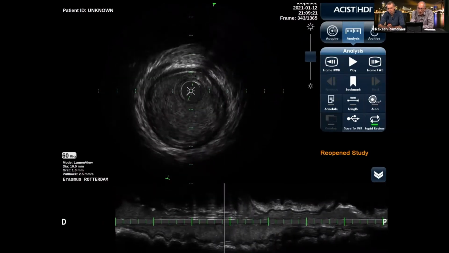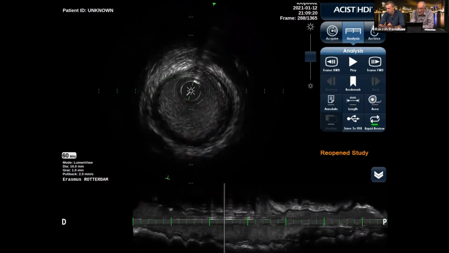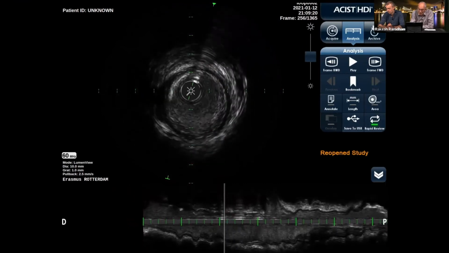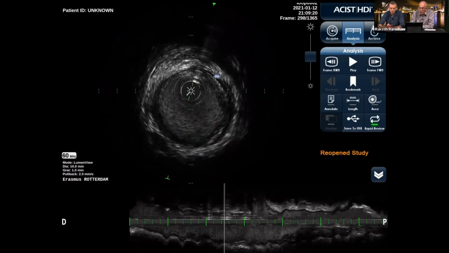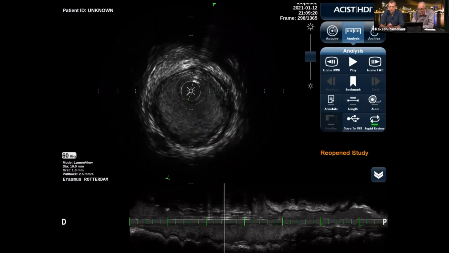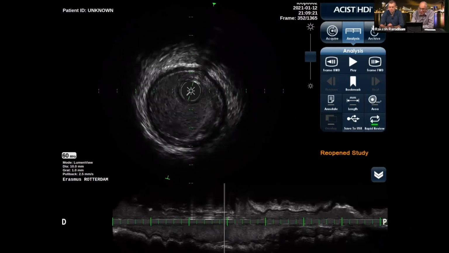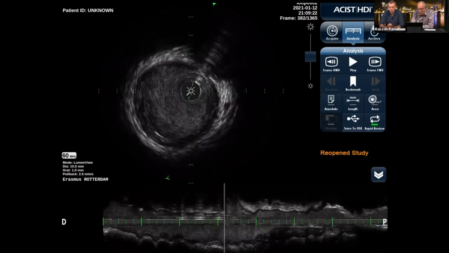Now you see here that we also start in the distal circumflex, but in this distal part, although it's a bit brighter, we see now a darker lumen, darker speckling, more homogeneous speckling, and that's indicating that we have flow if you compare it with the part before. That means that we have no occlusive IVUS catheter anymore.